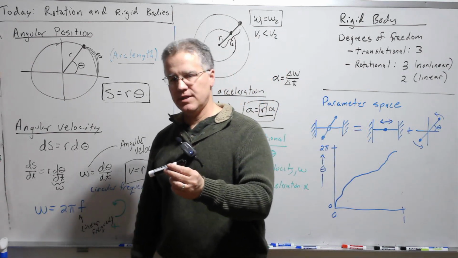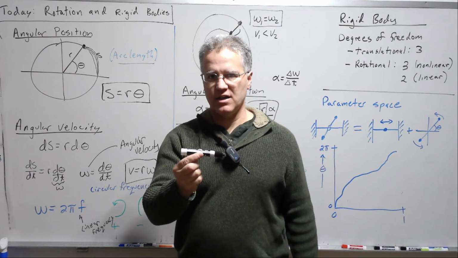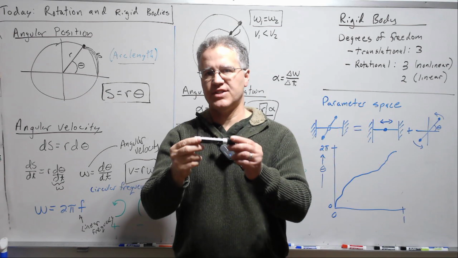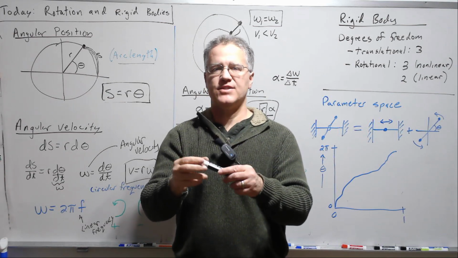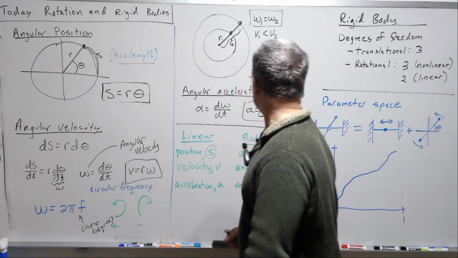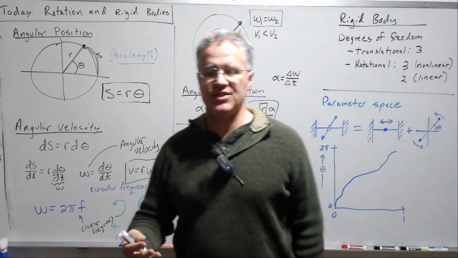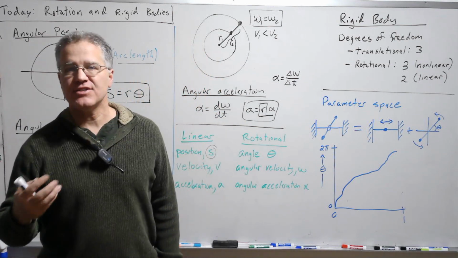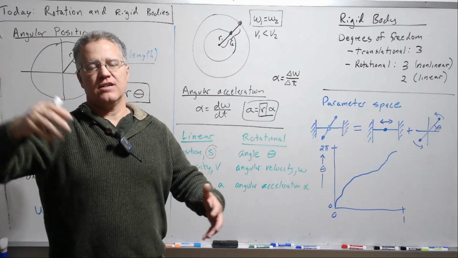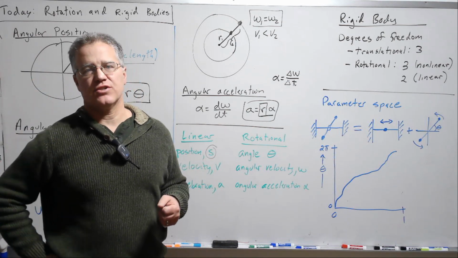The motion in 3D space captures the linear x, y, z motion of the center of mass. And that's translation. The whole thing is moving. And so there are as many dimensions of translational motion as the dimension of the space you're working in. So in our laboratory here, it is 3D space, so we'd have 3 translational degrees of freedom.